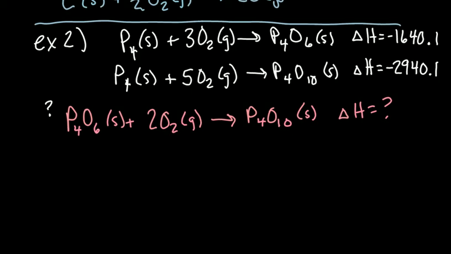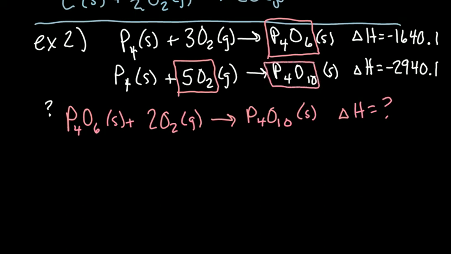For our P4O6, we find it over here. Already we realize that it's on the wrong side of the equation. For our O2, our best bet is going to be to use this one. And our P4O10 just shows up right here.